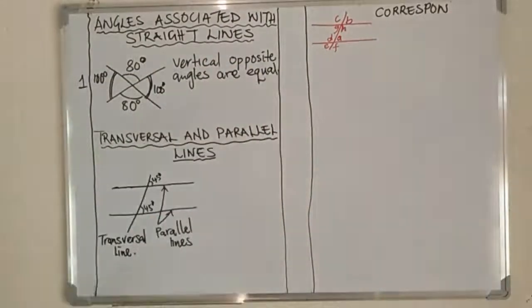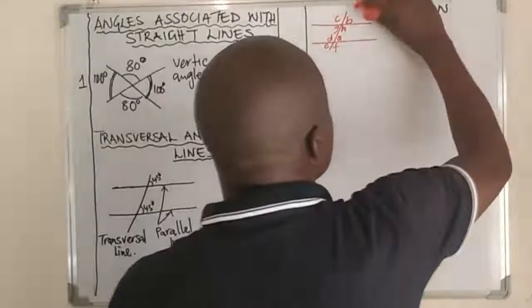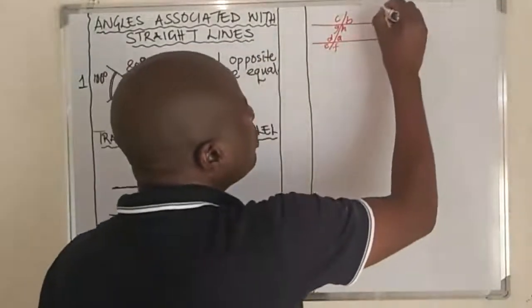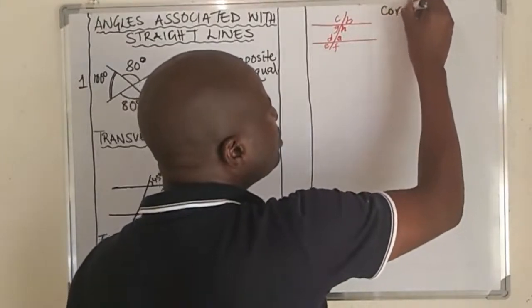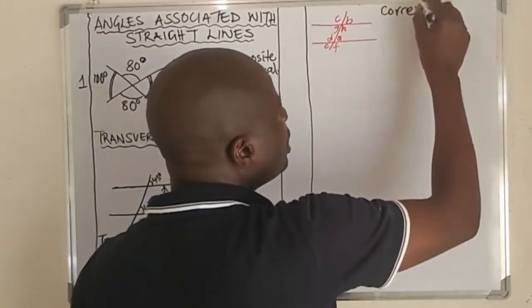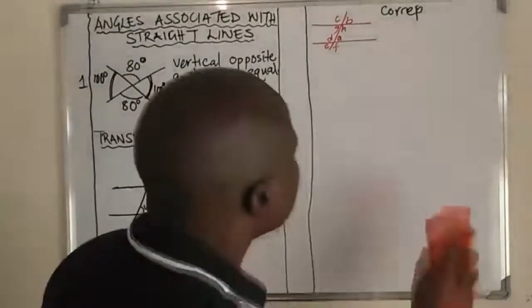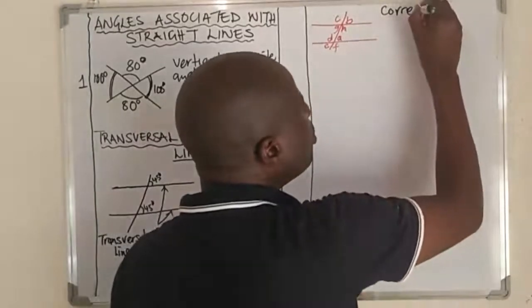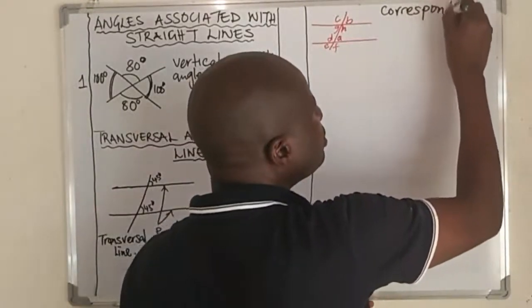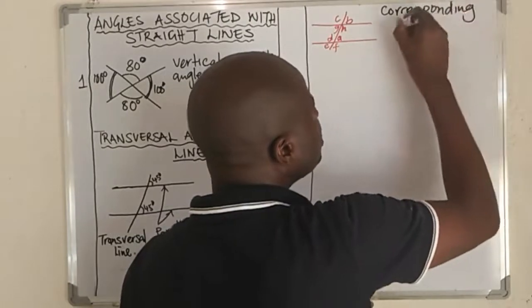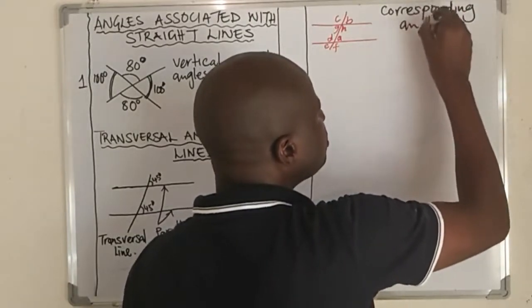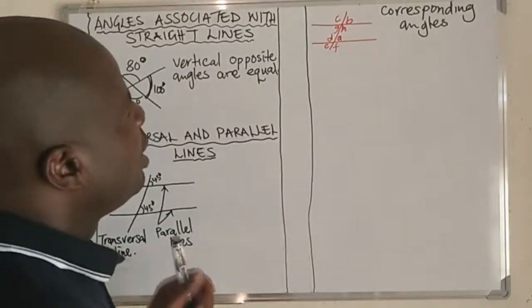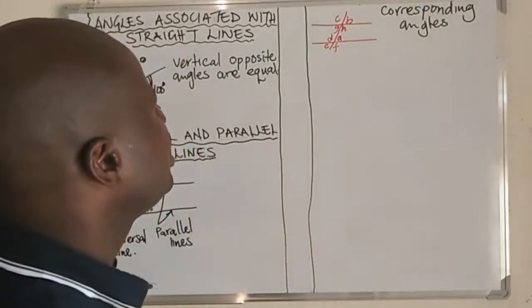Let me just use small letters. When we talk about corresponding angles, what are these corresponding angles?